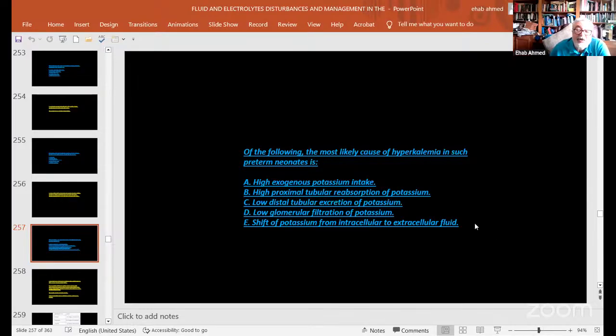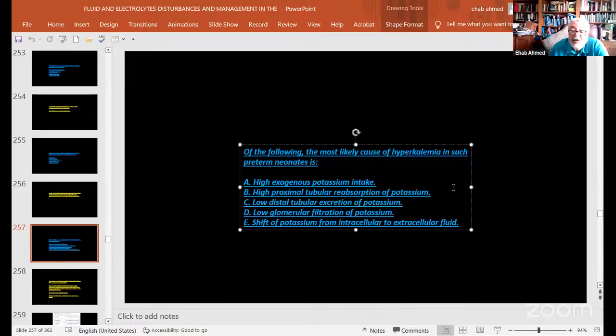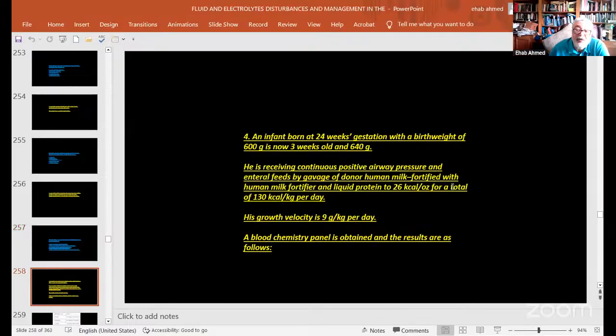High proximal tubular reabsorption of potassium, the kidney absorbs more potassium more efficiently than at other ages? Low distal tubular excretion of potassium because of immaturity? Low glomerular filtration of potassium, selective? Or shift of potassium from intracellular to extracellular fluid compartment?